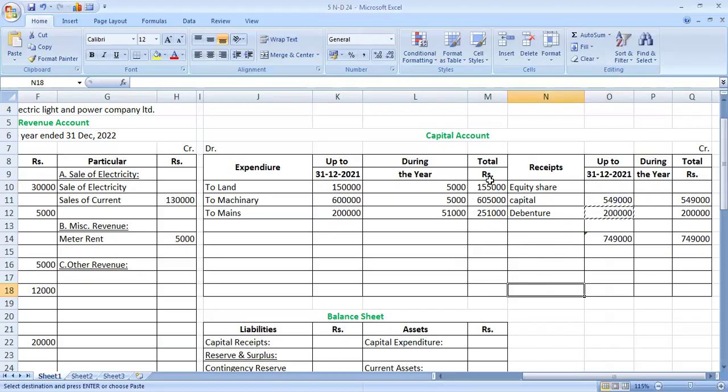And expenditure side total 10 lakh 11,000. During the year, 61,000. And up to 31st December 2021, that is 9 lakh 50,000.